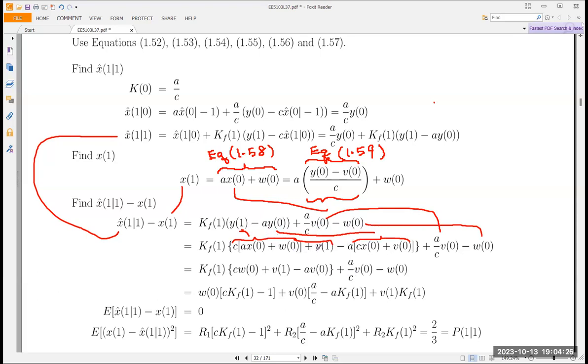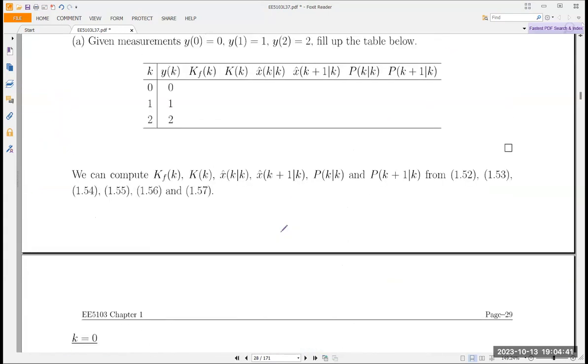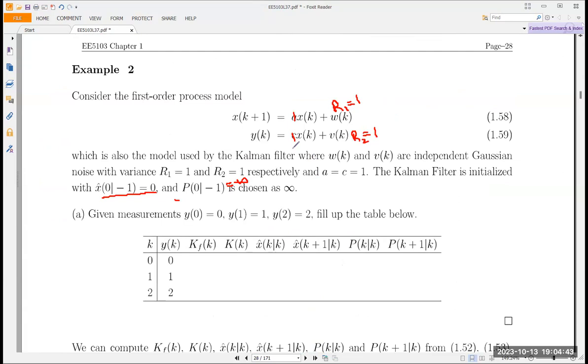Okay, all this, for example, this one is 59. Cx0 plus V0 is actually equal to Y0. All right, Cx0 plus V0 is Y0. Okay, you go and look.